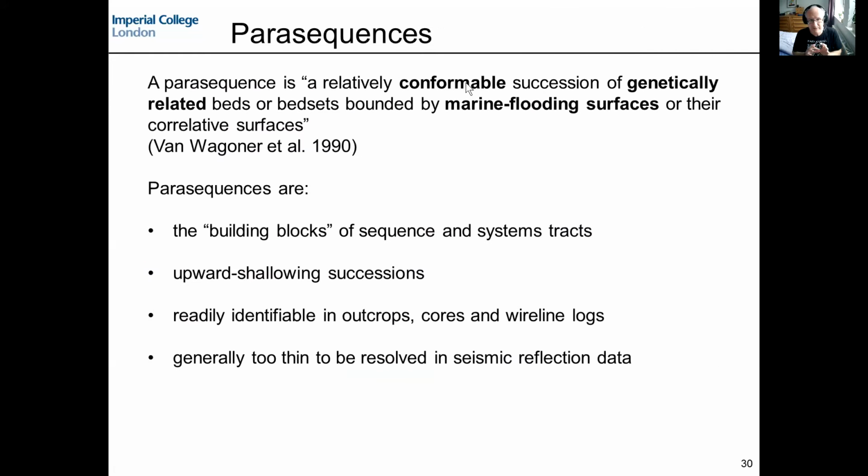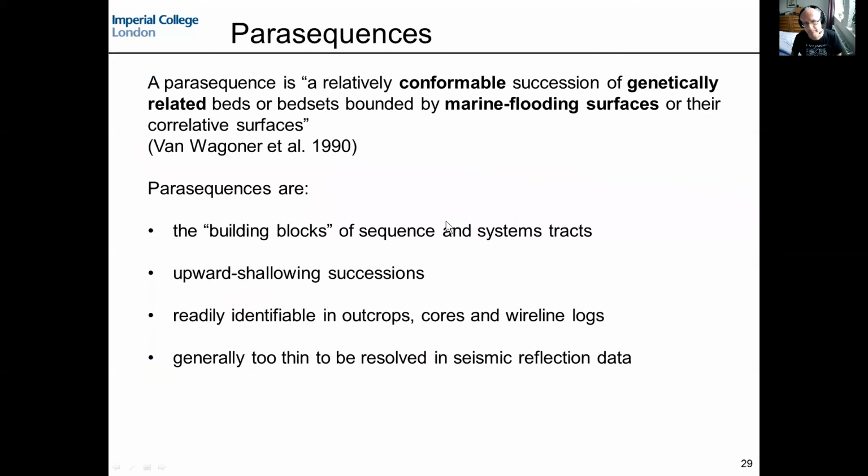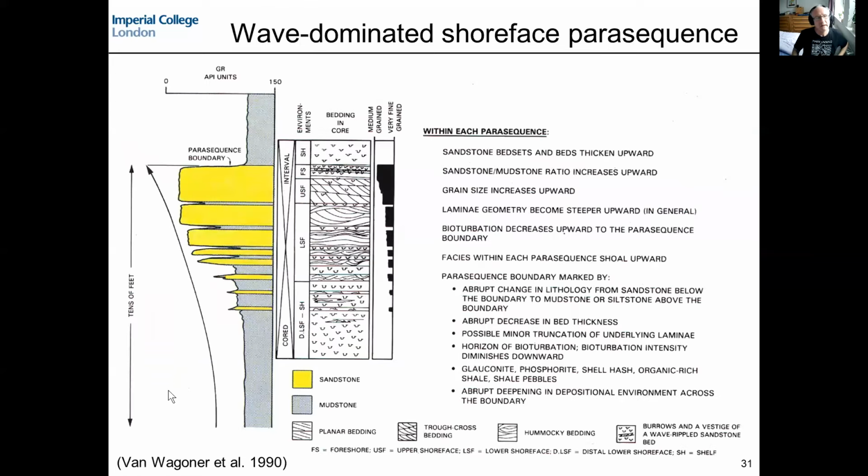So parasequences are important units that record shallowing upward, and they're bounded by surfaces that record flooding. These are abrupt increases in water depth that correspond to pushing the shoreline slightly further landward. That's represented here by these small backsteps in that red to grey facies boundary.